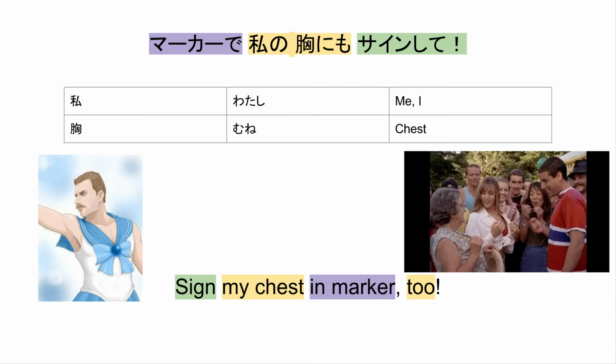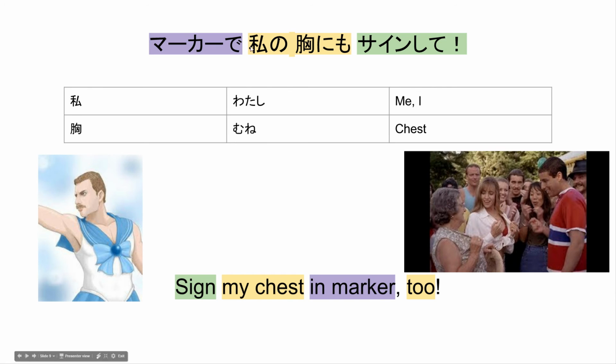Then on the right, that's Happy Gilmore, which is an old lady asking to have her chest signed by Happy Gilmore. Good movie. Maka de watashi no mune ni mo sign shite. Watashi no mune ni mo sign shite. So write on my chest as well as somebody else's chest, or as well as some other location with marker.